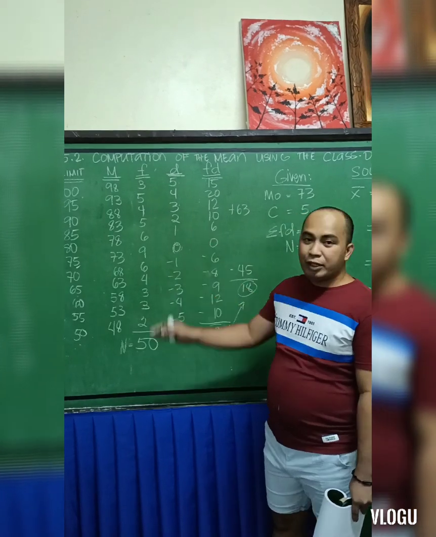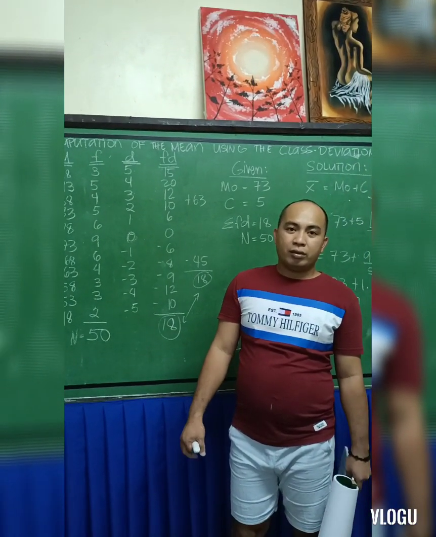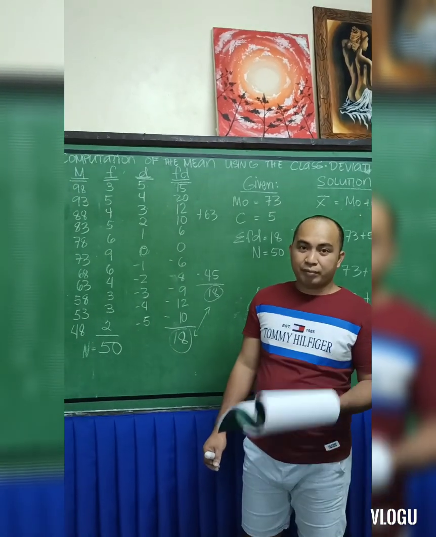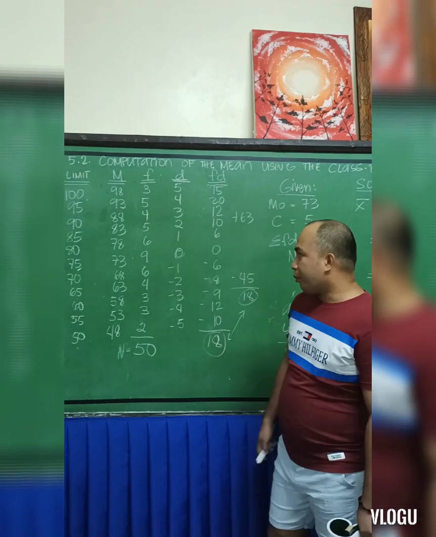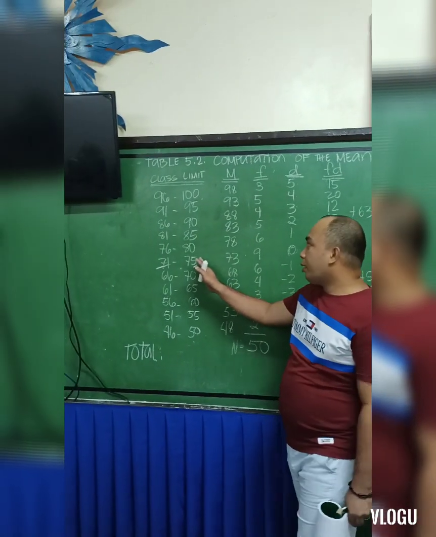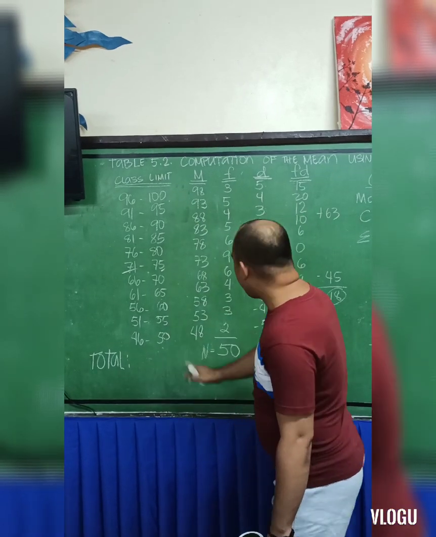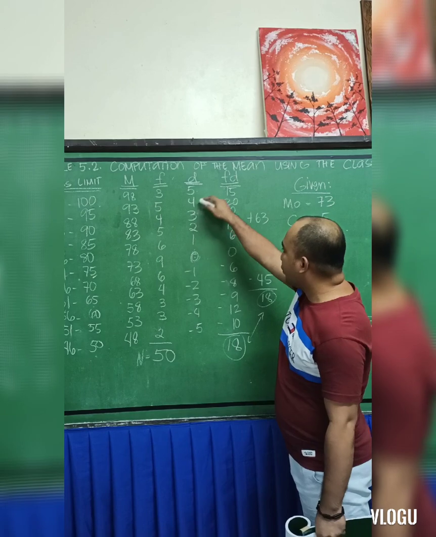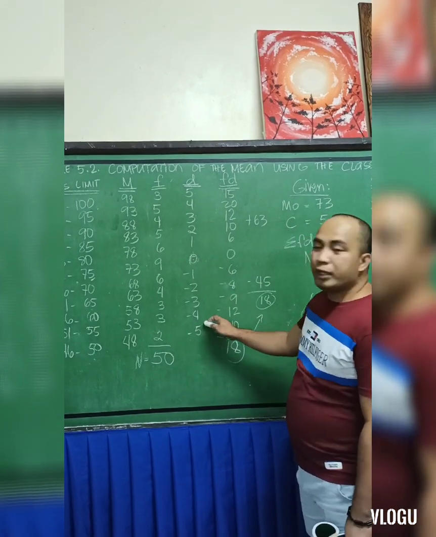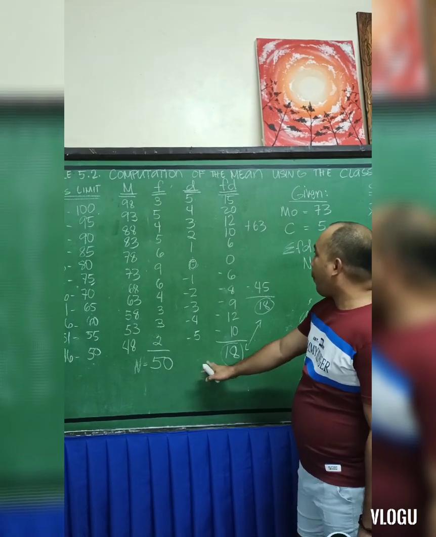And if the arrangement is from lowest to highest, above 0 is negative. In this case, our class limit is arranged from highest to lowest number. So if we start with 0, above 0 is positive and below 0 is negative. So this is our deviation.